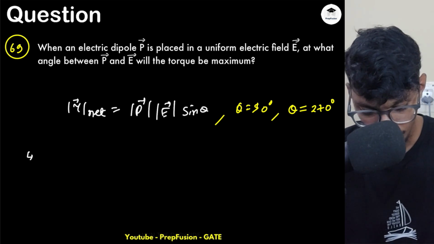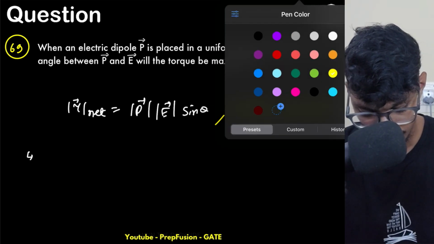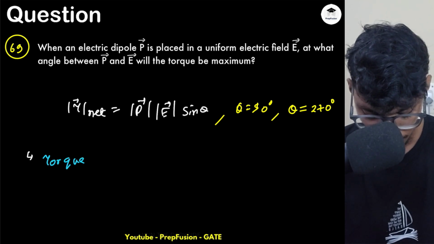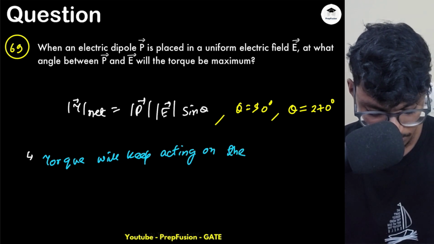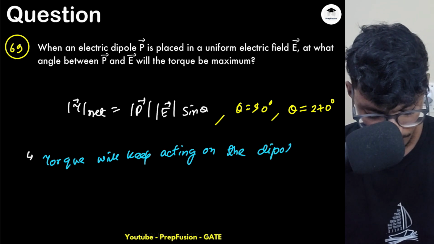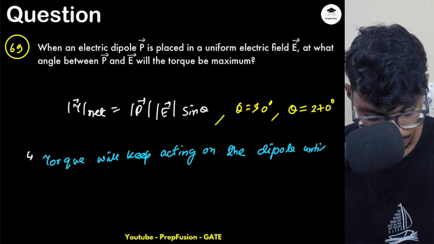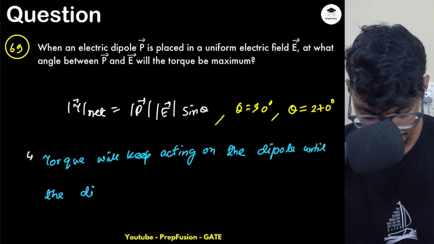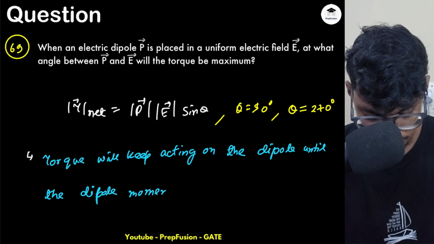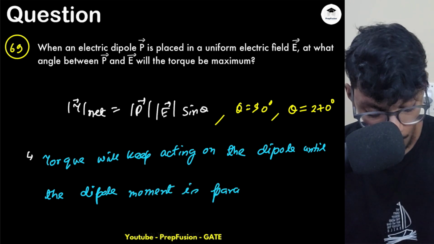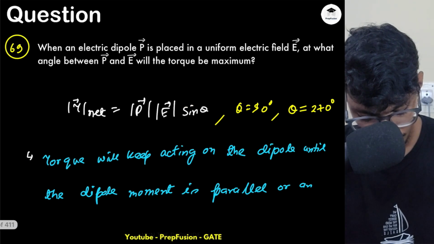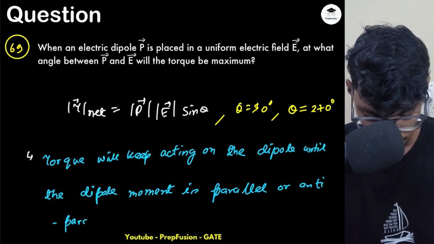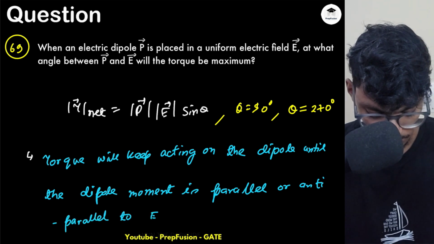So torque will keep acting on the dipole until the dipole moment is parallel or anti-parallel to the electric field.